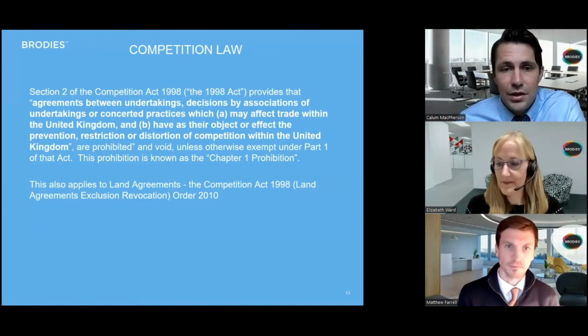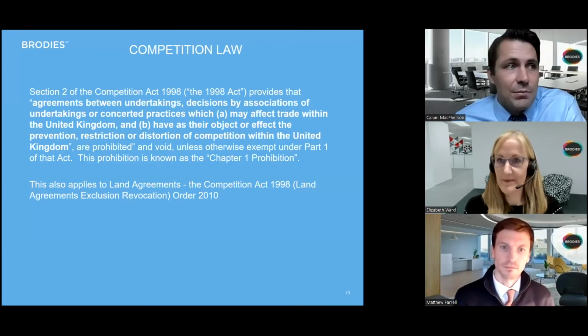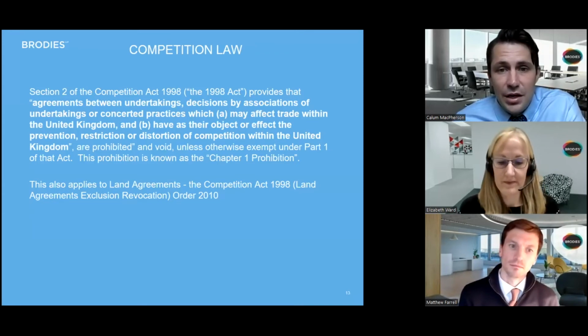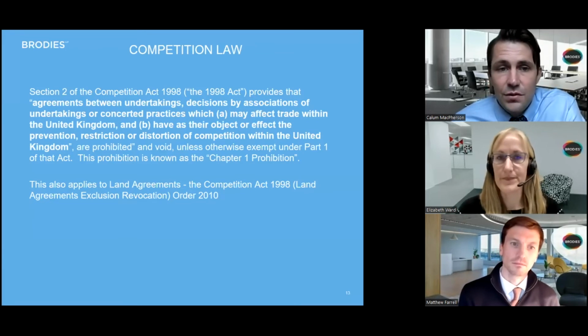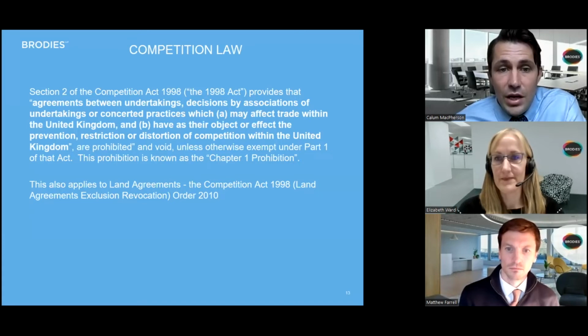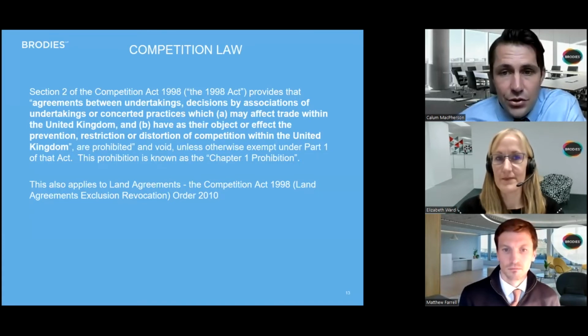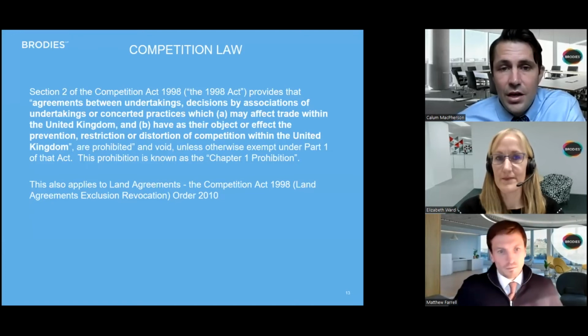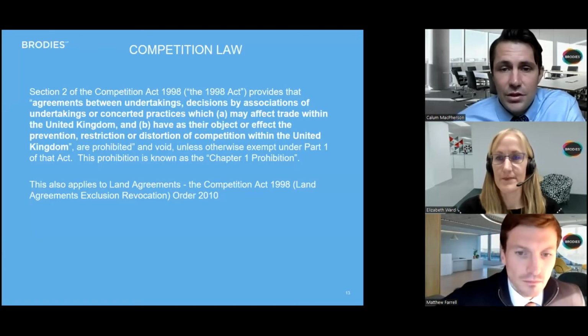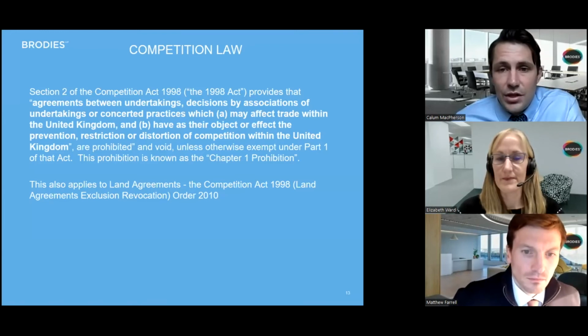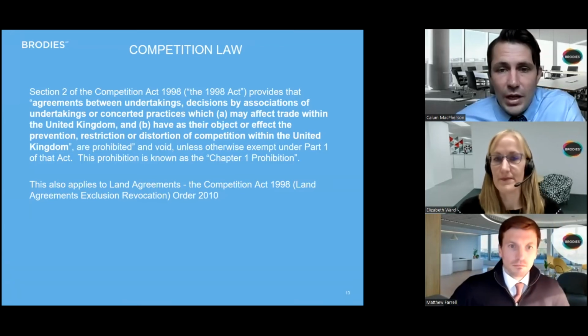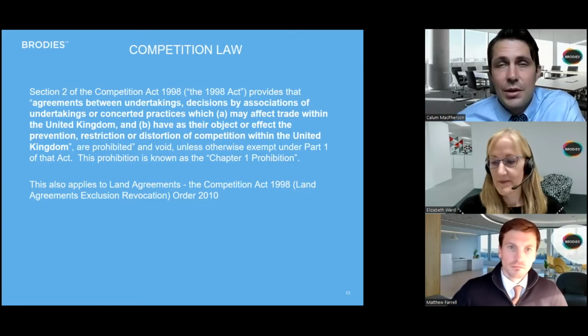Section 2 of the Competition Act 1998 provides that agreements which may affect trade within the UK and have as their object or effect the prevention, restriction, or distortion of competition within the UK are prohibited and void. Now, that's known as the Chapter 1 prohibition. When this Act originally came into force, it did not apply to land agreements.